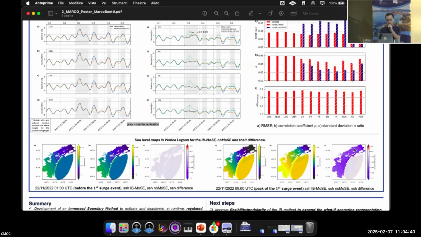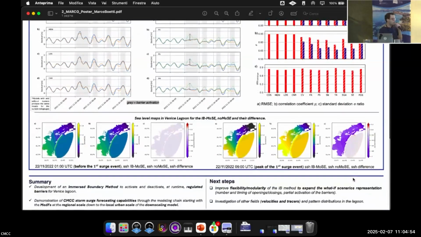What we found is that at the peak surge, the difference between these 2 dynamics can lead up to 1 meter in water level inside the lagoon. If anybody wants more explanations, I will be glad to give them later on. Thank you.